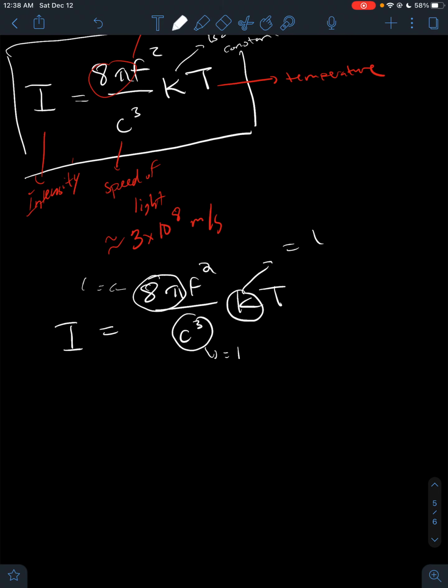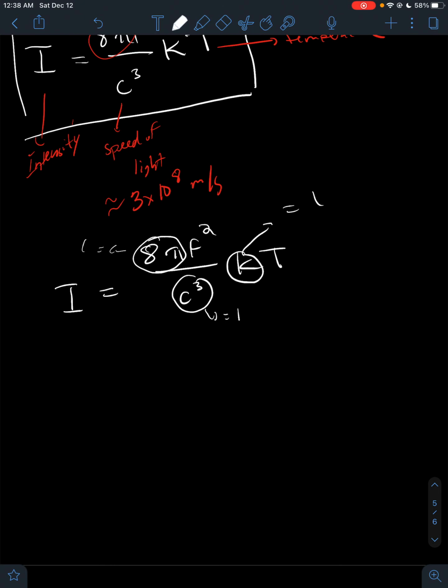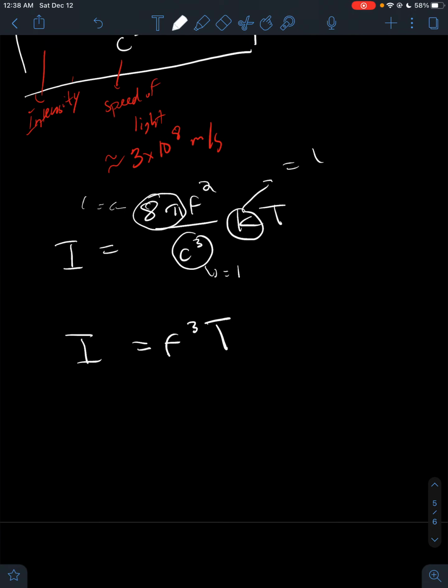What we're doing here is we're just trying to find out how intensity changes with frequency. Okay, so this is our equation now after setting everything to 1. Yes, we cannot set 8 pi to 1 as pi is a dimensionless value. However, for our purposes, we can just set it to 1.